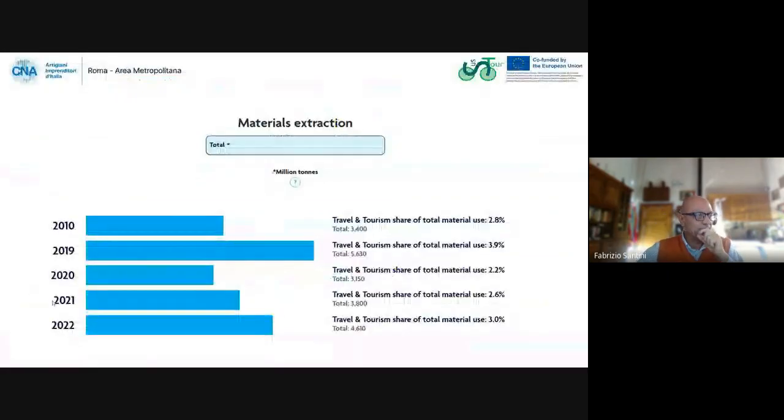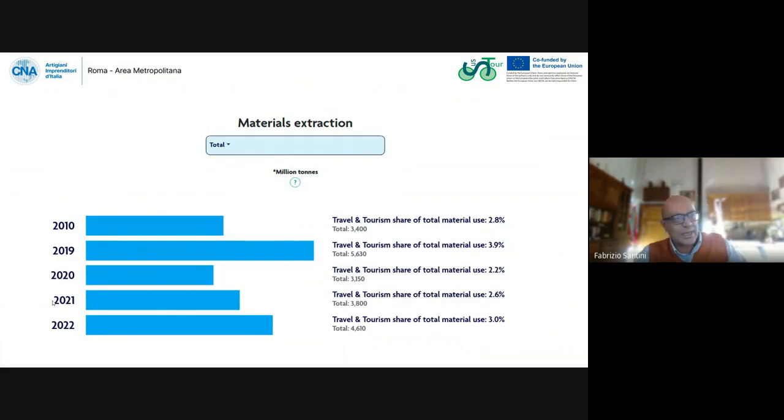So let's see how many millions of tons were extracted connected to the touristic sector. As you see, travel and tourism share about 2.8% in 2022, and 2.8 was in 2010, 3.03% of the total raw materials extracted are connected with tourism.